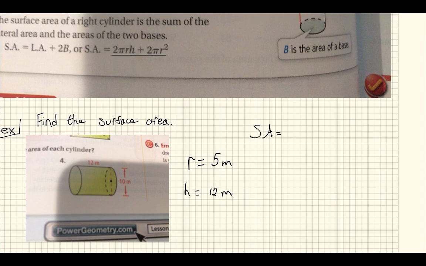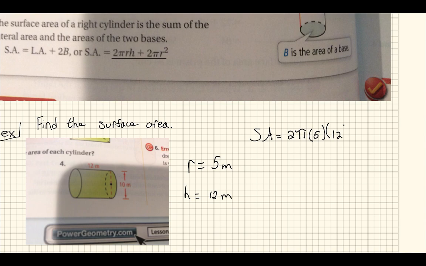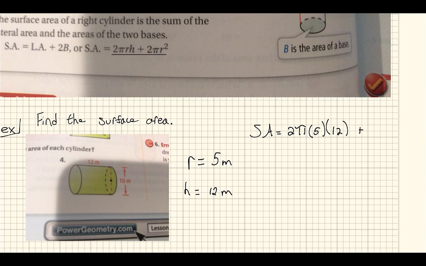Surface area is 2 pi times 5 times 12 plus 2 times pi times 5 squared. We're going to use our calculator to find that. What is 2 pi times 5 times 12?